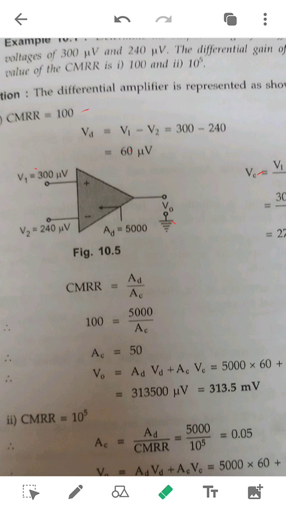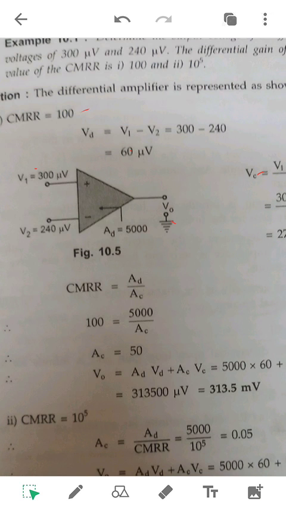So AC is 50. So you can put into V0. So V0 is AD VD plus AC VC. Here you can observe this equation.